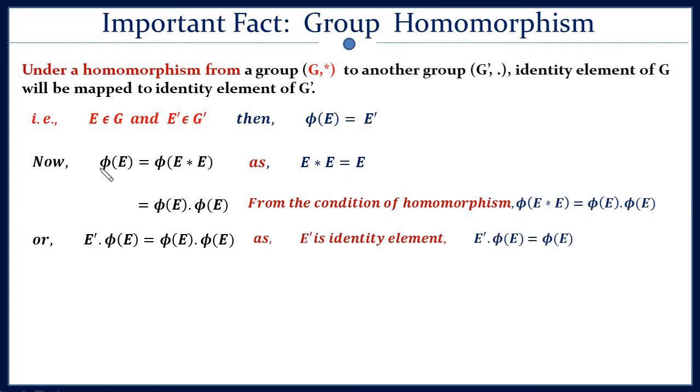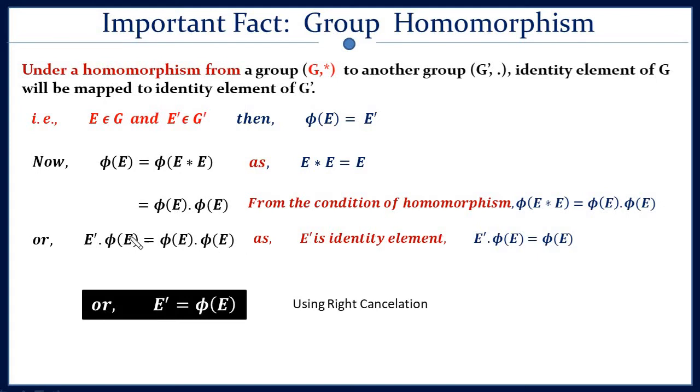Now we know phi(e) is an element of group G prime and e prime is the identity element of group G prime. Therefore e prime dot phi(e) will be phi(e). This is the property of the identity element. Therefore for the left hand side we can write e prime dot phi(e) is equal to phi(e) dot phi(e). Now from right cancellation we can simply cancel out phi(e) from both sides, and we can write e prime is equal to phi(e).